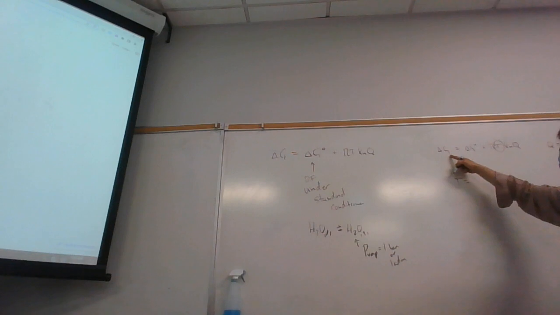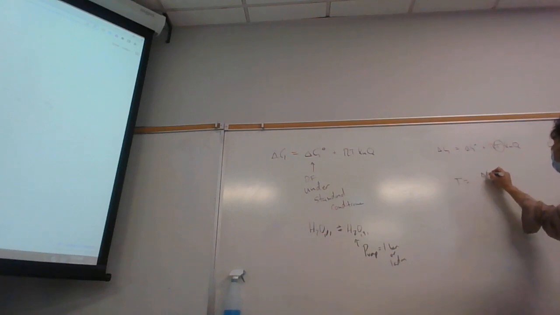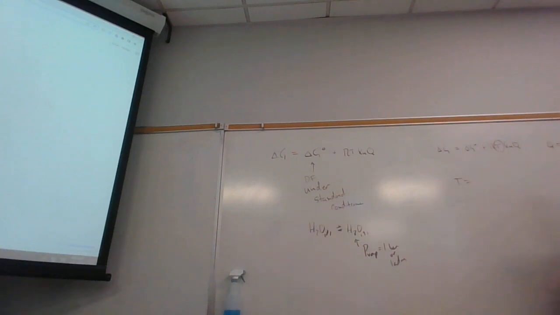Let's subtract delta G from both sides. Actually, what I need to do is set this to something. Right now, it's positive, so I need to set this to 0. That would be the transition from going positive through 0 to negative. And so if I know the transition point at 0, then I can make this negative.